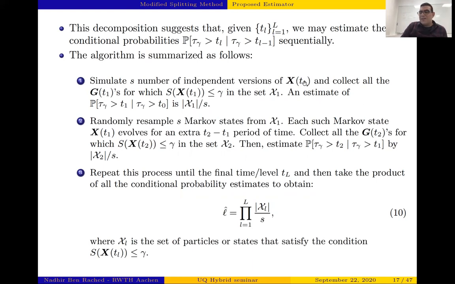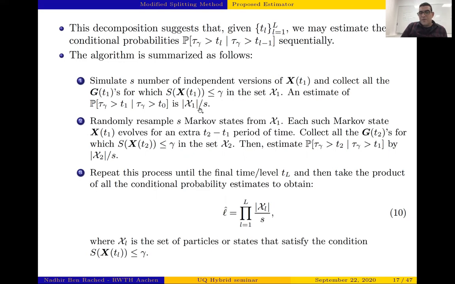We start at T0, where X at T0 is 0, and then we evolve the Markov process up to time T1. We collect all the paths that satisfy this condition in the set chi1. Obviously, an estimate of the first term in this product would be the cardinal of chi1 over S.